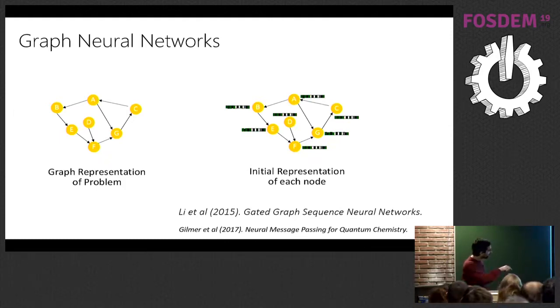Also, you have an initial set of information about each node, local information about node A, B, or C. And these are the distributed vector representations I showed you earlier. And by the end of whatever the graph neural network does, what I want is to get representations for those nodes that give them information not just about the node, but how it belongs within the broader graph.